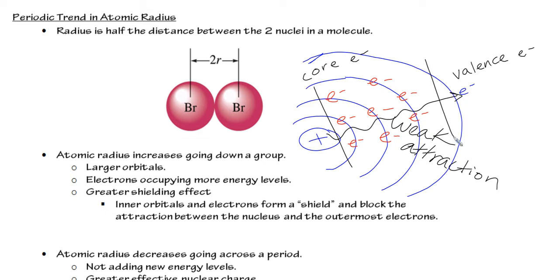I could talk about any of these ideas: the orbitals are larger, the electrons are on average further from the nucleus, there are greater energy levels involved. But I would also throw in this idea of the shielding effect, that as I have big atoms at the bottom of the periodic table, those core electrons are going to block the attraction between the nucleus and the valence electrons.